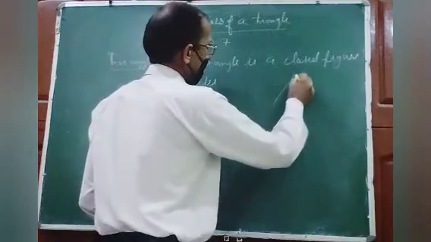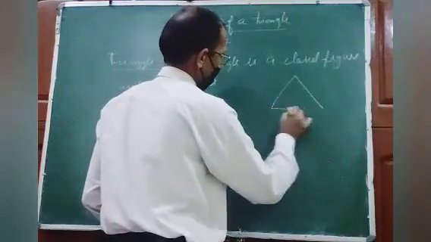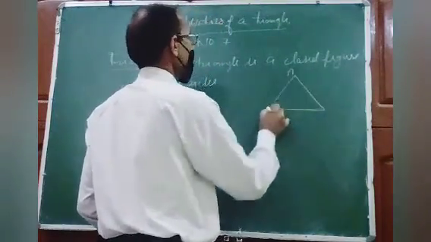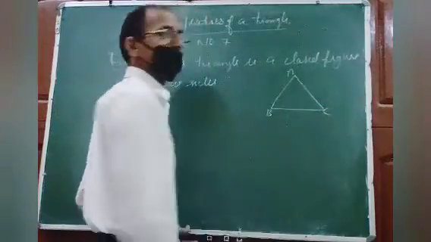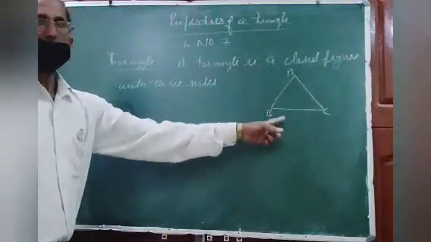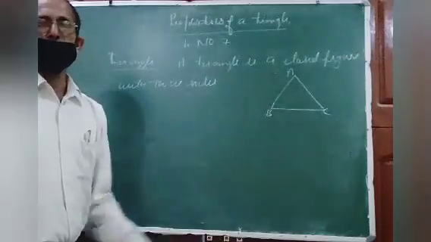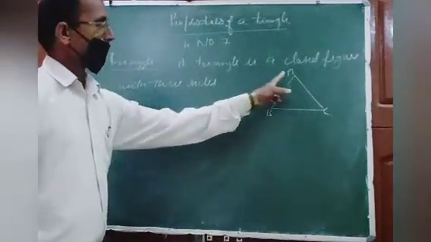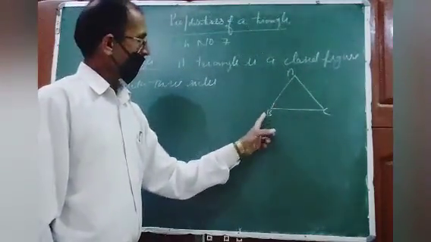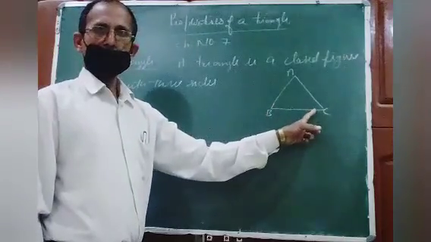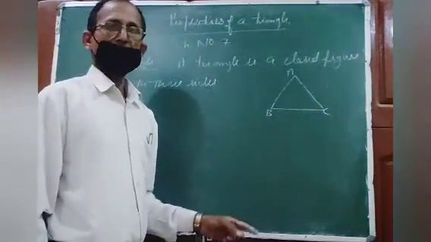So this is a triangle. A, B, C are the vertices of a triangle. Vertex A, vertex B, vertex C. So this is a triangle.